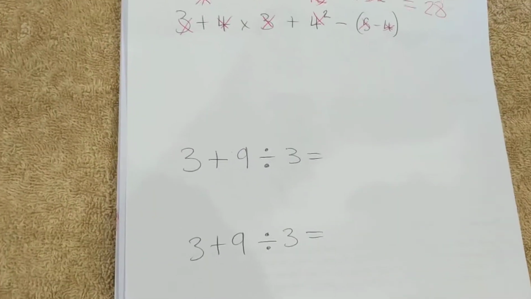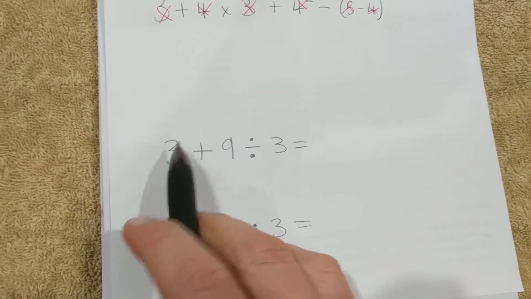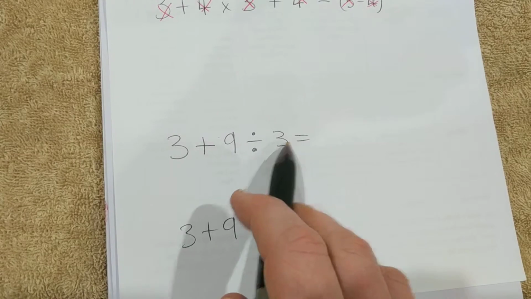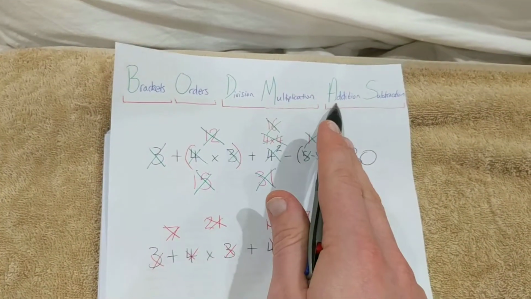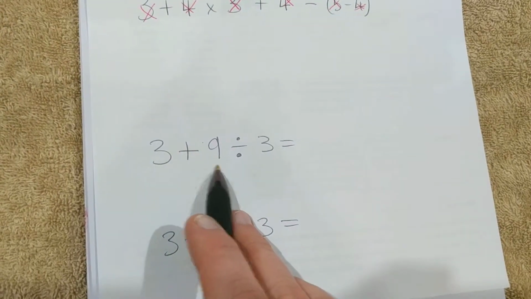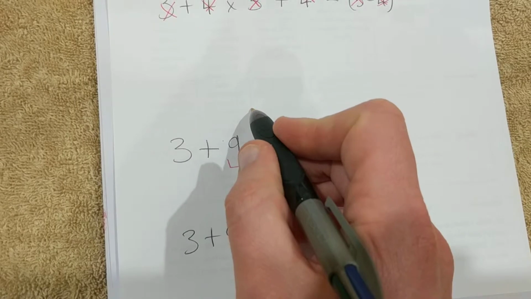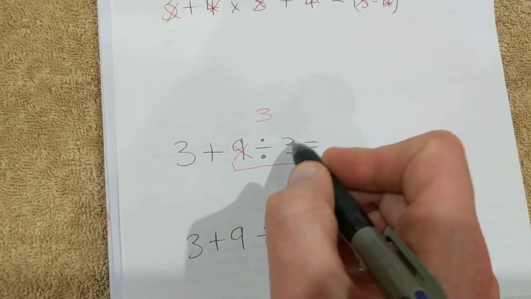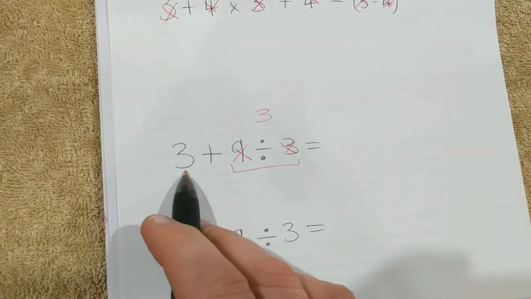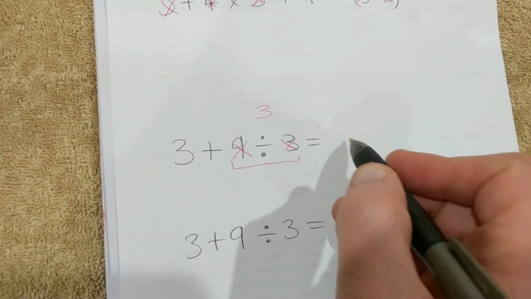All right, so moving down to this very simplified example, 3 plus 9 divided by 3. Well, BODMAS tells us that we need to do division before we do addition. So we need to do this part here first, 9 divided by 3, which is 3. Okay, and now we can do the addition. 3 plus 3 is 6.